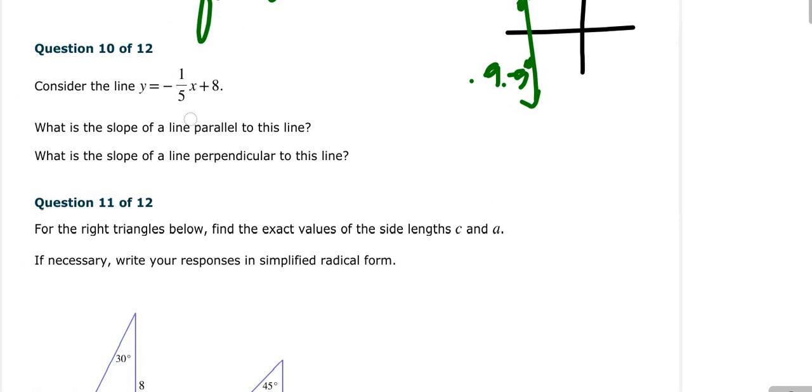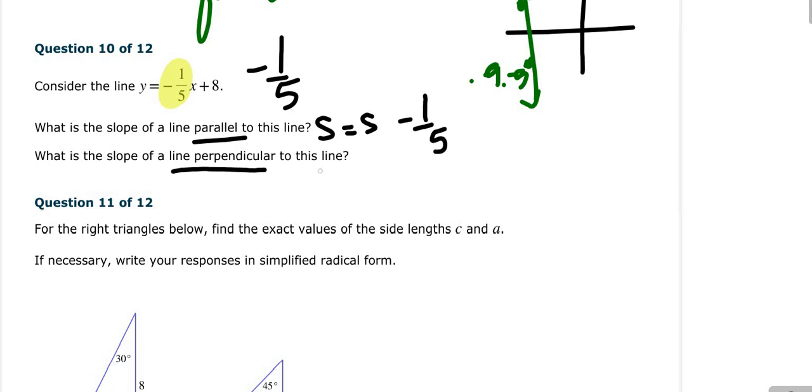Consider this line. Notice the slope. Our given slope is -1/5. Parallel, slope equals slope, so the parallel slope would be -1/5. Perpendicular, slope times slope equals -1, so the perpendicular slope would be 5 over 1.